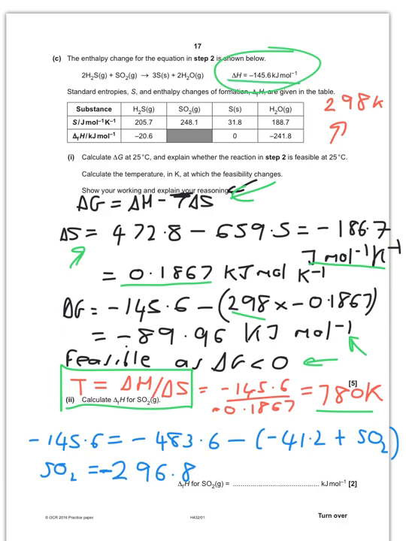You know that delta H for the reaction is minus 145.6, so that equals the enthalpy of your products minus the enthalpy of the reactants, and that will give you the enthalpy of formation of SO2 as being minus 296.8.